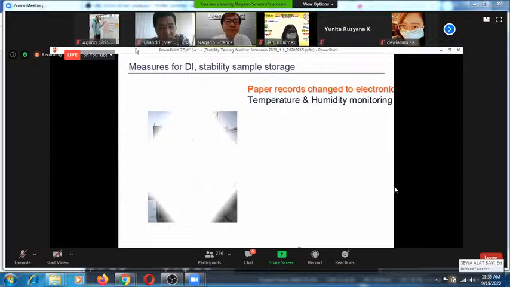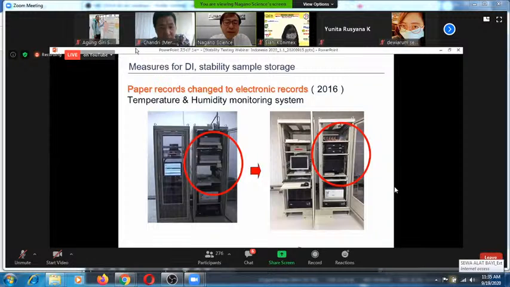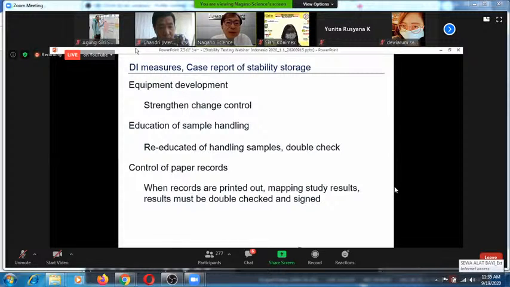Electronic records are more free of mistakes. In Nagano's case, we changed paper records to electronic records in 2016. As we develop an instrument, we strengthen the development of equipment with strong change control.